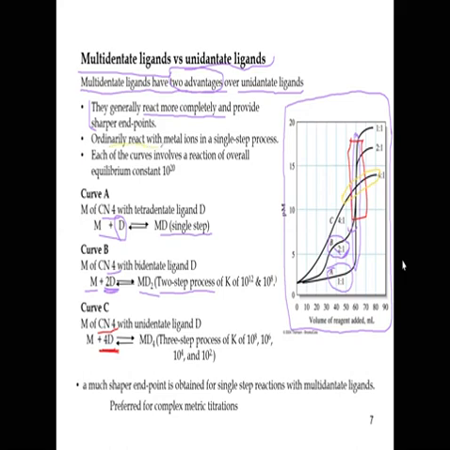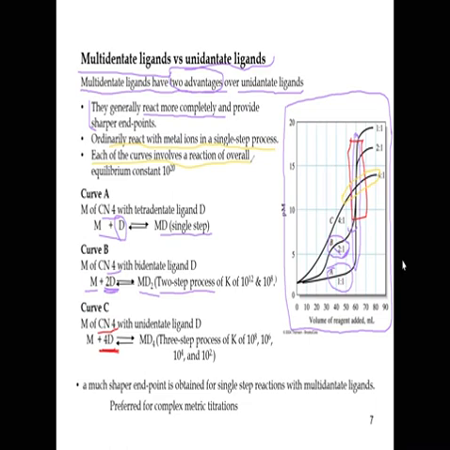And ordinarily they react with the metal ion in a single step. Yes, we know that now. Each of the curves involves the overall reaction of the same metal ion.